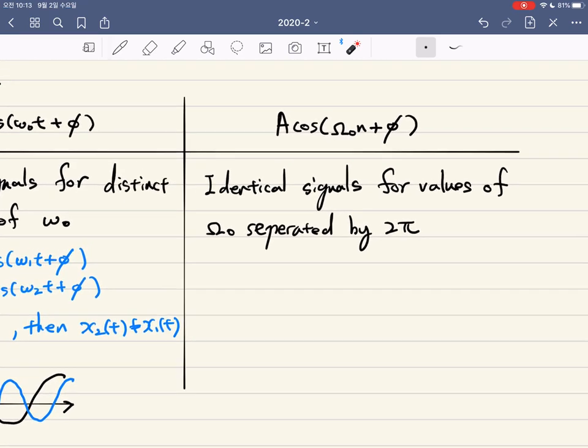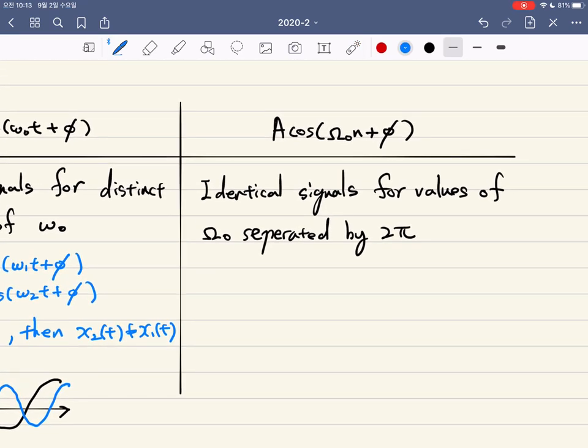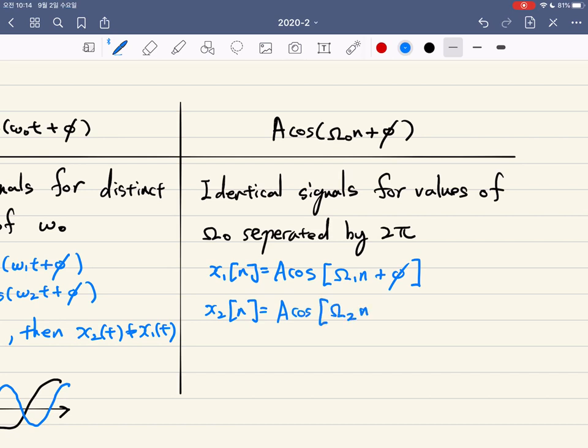But with the discrete signals, let's say we have x1 and x2 with omega 1 and omega 2 respectively.